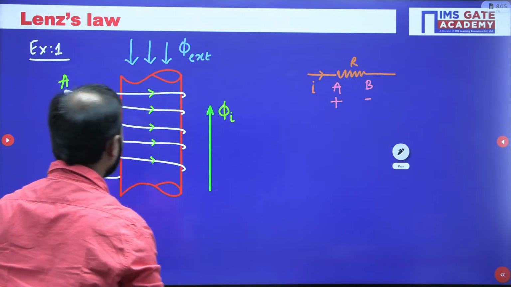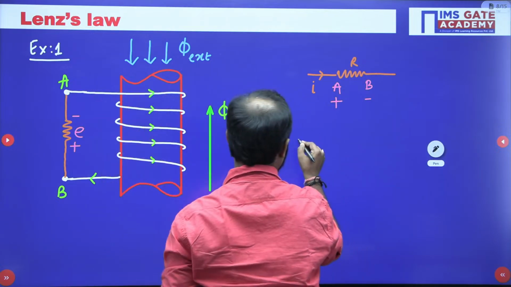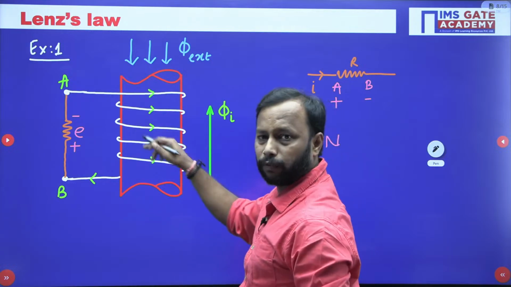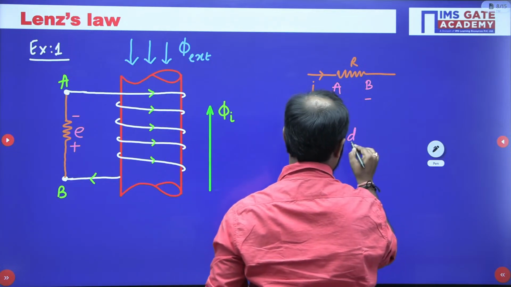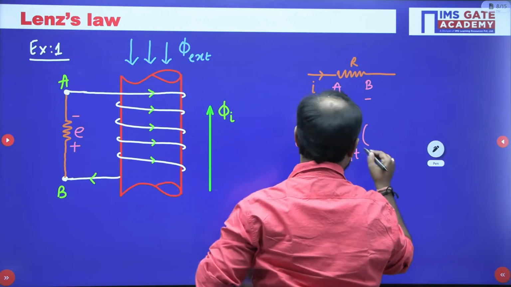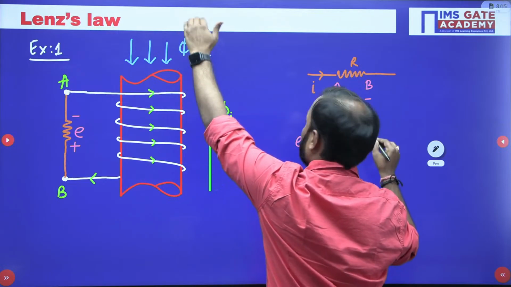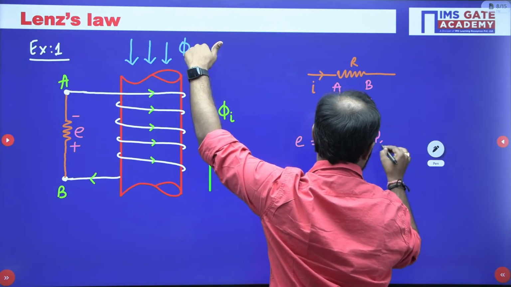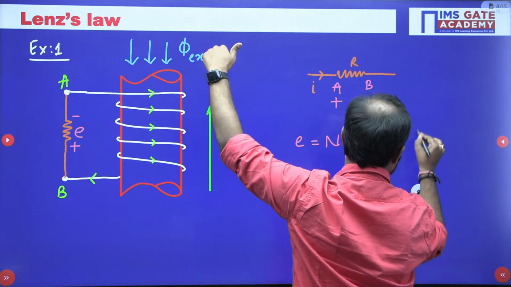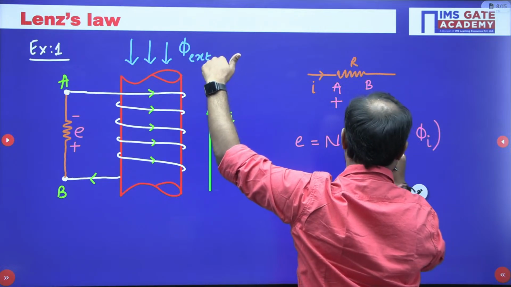So what is the net EMF in this case? What is this EMF? Let me take n turns of a coil into net flux. What is the net flux? Let me take this flux direction as positive, so phi external minus phi induced.